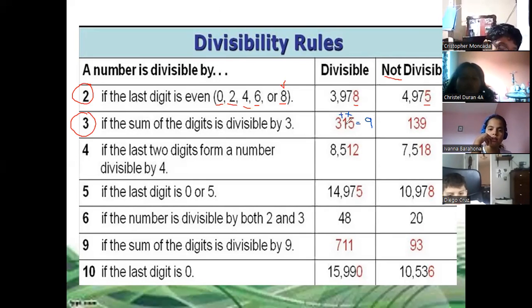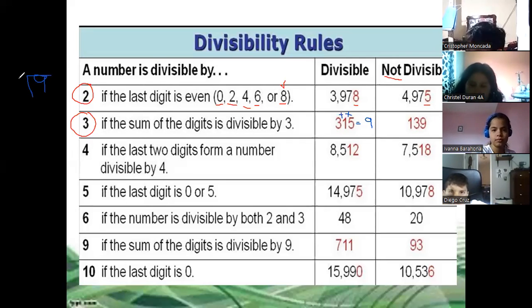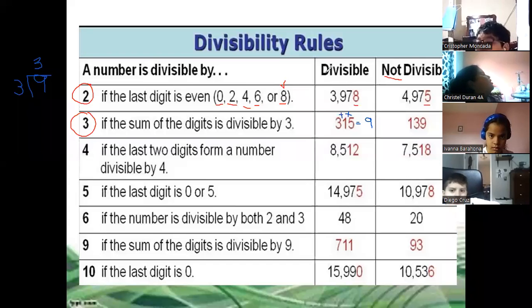And 9 divided by 3 equals 3. 3 times 3, 9. So it is divisible by 3.